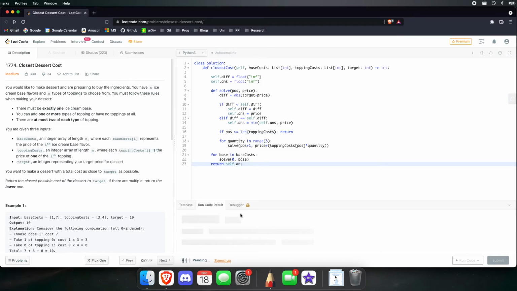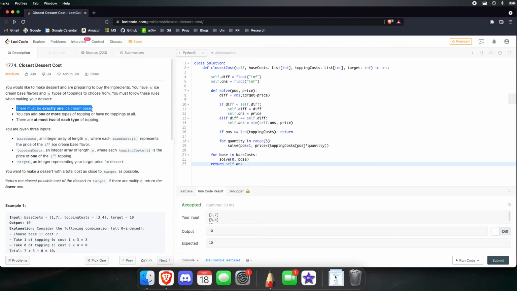So let's run the code, make sure this works to see if I made any errors. Okay, and I didn't. So right before I submit, let's talk about this and see why I said that we only really care about 3 sentences. This first sentence right here, there must be exactly 1 ice cream base, tells us that we want to consider starting off with every base in base cost.